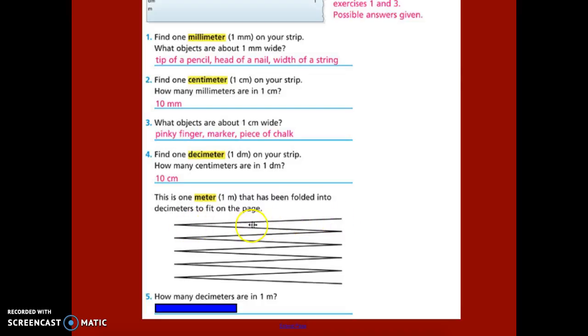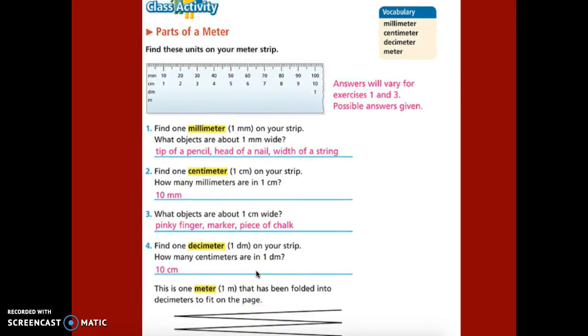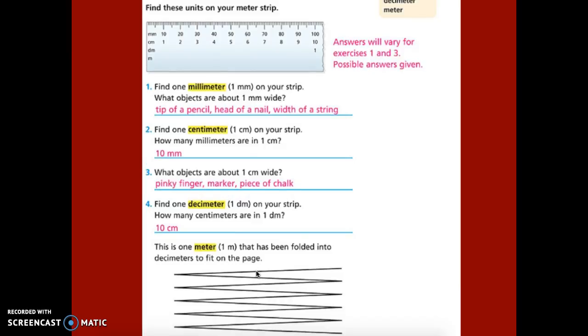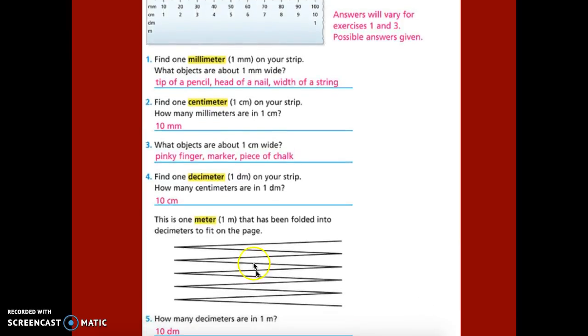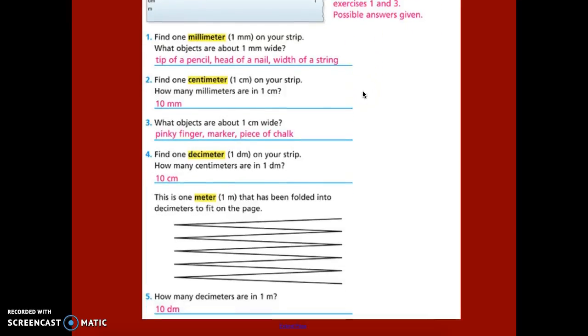So we've got 1, 2, 3, 4, 5, 6, 7, 8, 9, 10. There are 10 decimeters in 1 meter. All right, 10 decimeters in 1 meter. And that means that there is 10 of these put together to make 1 meter.